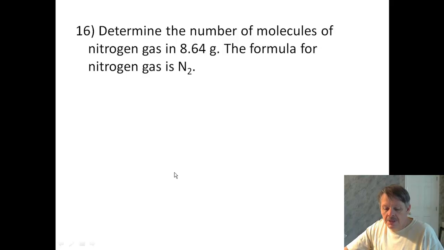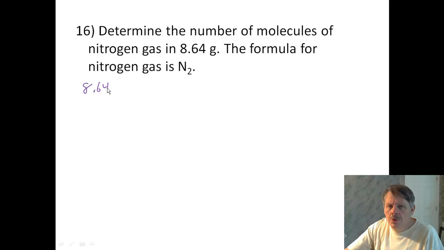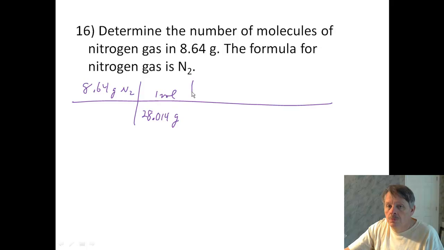Right, number 16. Determine the number of molecules of nitrogen gas in 8.64 grams. Well, we just figured out the mass, so we don't need to do that again. So we're starting with 8.64 grams of N2 gas. And we just figured out that N2 gas weighs 28.014 grams in 1 mole.